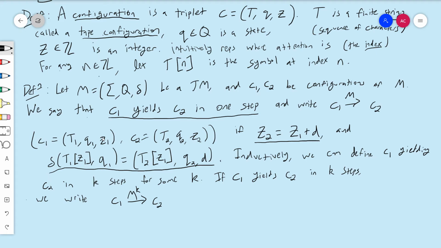We're just doing k steps. M is happening k times is essentially what the notation is there for. So that's the yields relation.